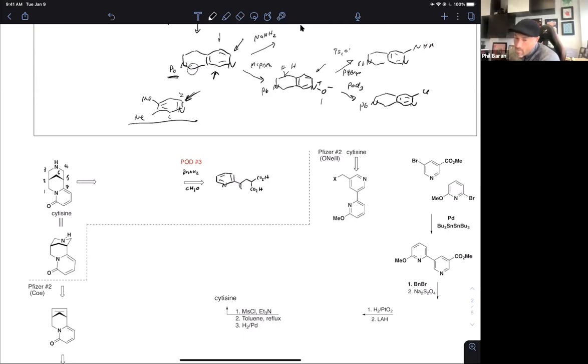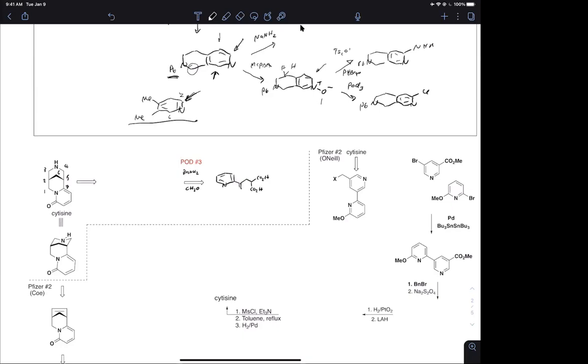What bond would immediately unravel and get rid of a lot of the complexity that makes this compound difficult? I would say the C6 and, sorry, C5 and C7.